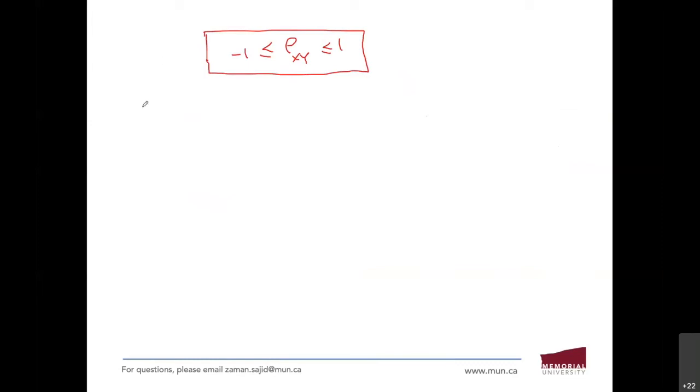Now, if I have rho x y equal to 1.0, I would say that x and y have a high positive linear relation.